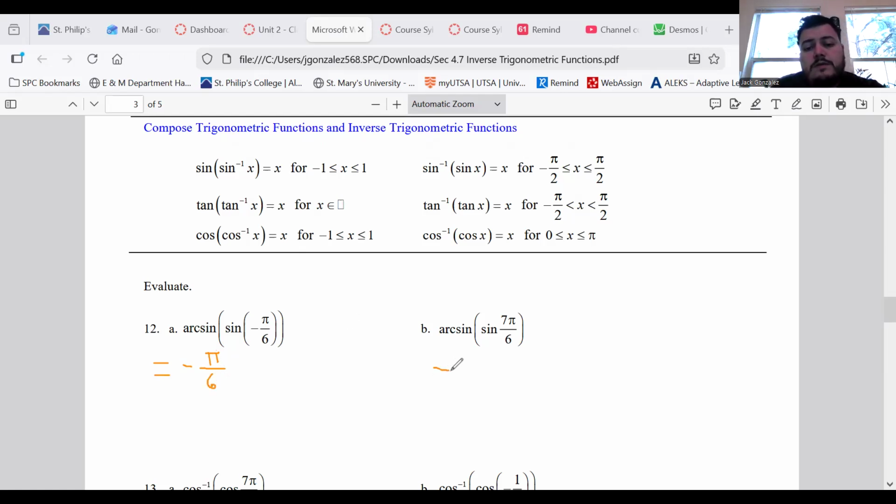This one again, is this within the domain? 7 pi over 6, I think it's kind of large. Where is that? Let's put up the circle.